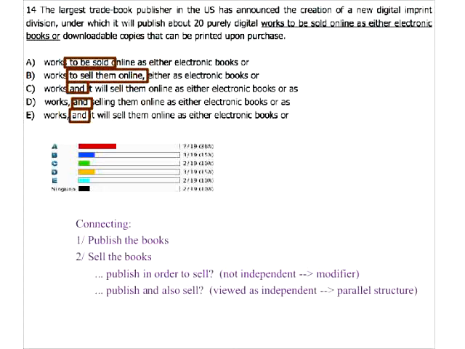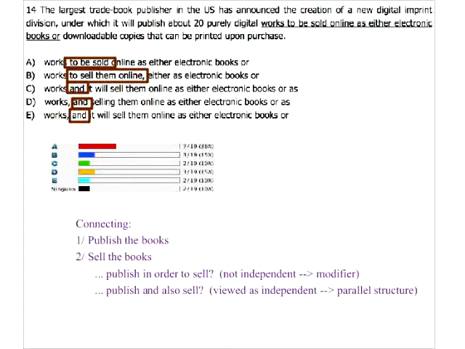I mean, you're correct, but we need something more, because this is not so much common sense. This could be either. Because if I say that a company publishes books and also sells them, then that is totally legit. But if I say a company publishes books in order to sell them, then that's also legit. It just depends on what the company means. So "copies that can be printed upon purchase," not really, because that's what the consumer does. So that's not really relevant.